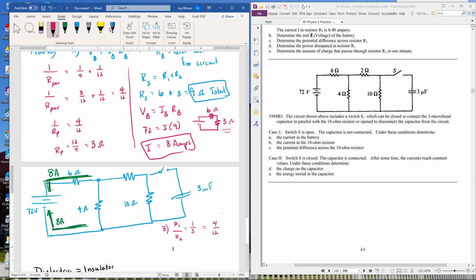Okay? So current of 1 to 2 would have to be, flip that over, 3 to 1, which would be 24, or excuse me, 6 amps over 2 amps.